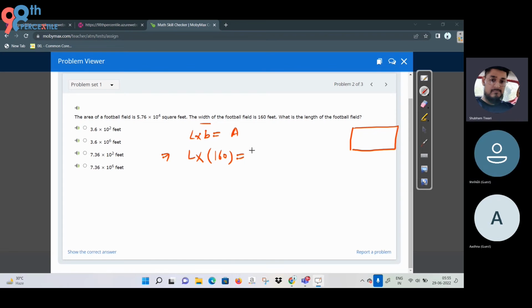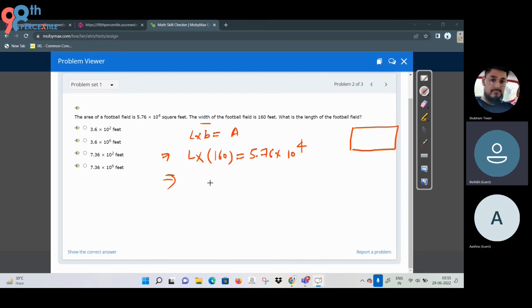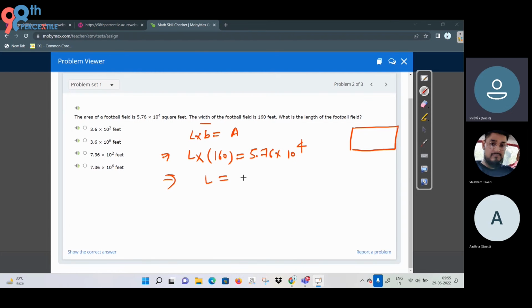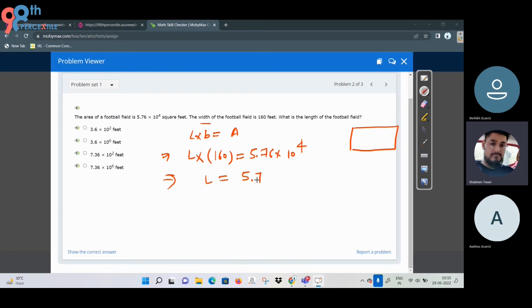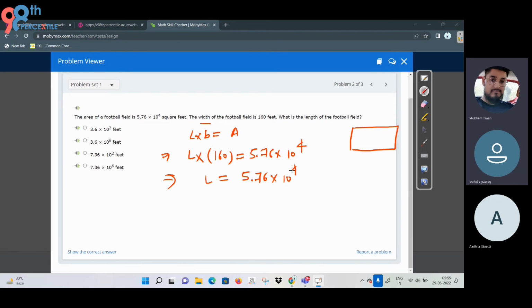Area given to us is 5.76 multiplied by 10 power 4. Means L will be equal to 5.76 times 10 to the power 4 divided by 160. So now you need to do just the calculation. L is equal to 5.76 divided by 160. You can use a calculator for this. There is no problem with that.